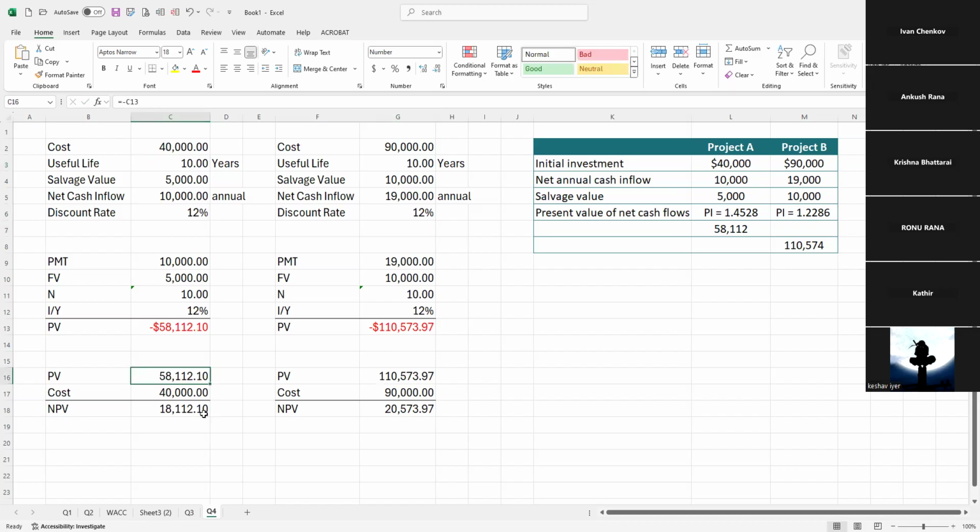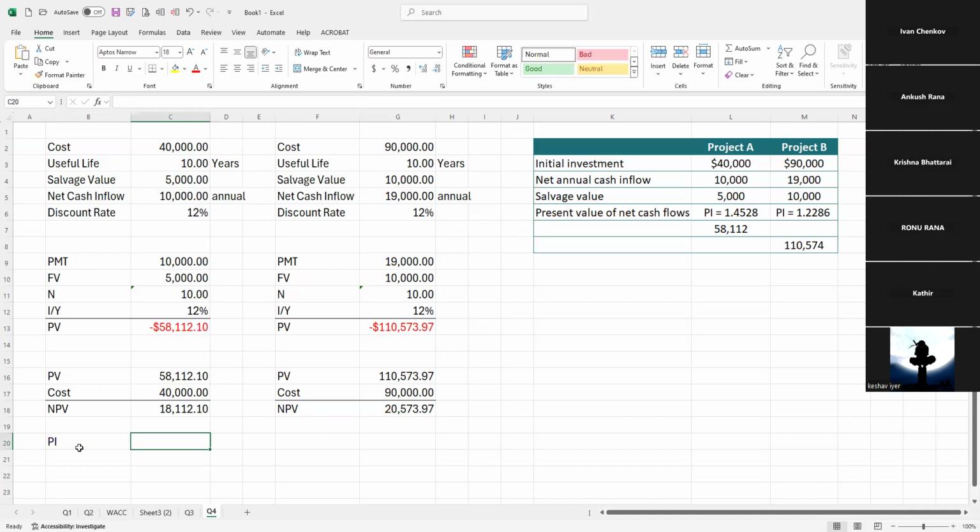So both projects generate a positive net present value, correct? Yes, Professor. But we said we're going to ignore this. So now we have to decide which project we should invest in, because both projects give us a guaranteed 12%. So which one has the highest profitability index?